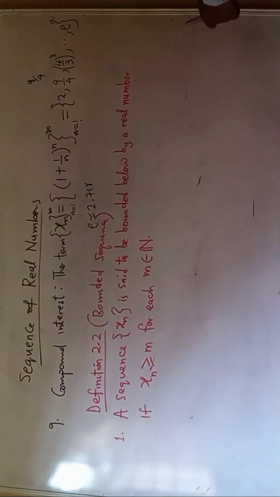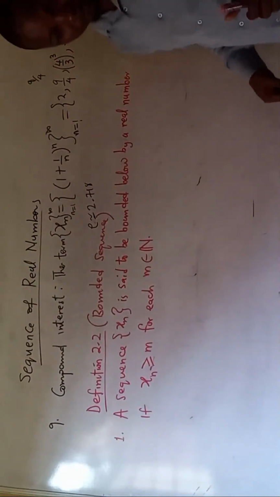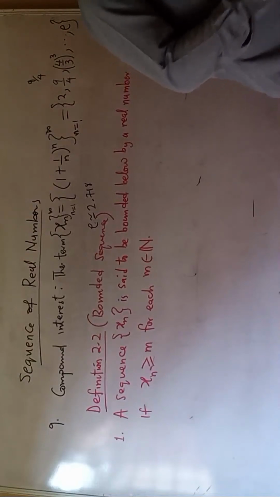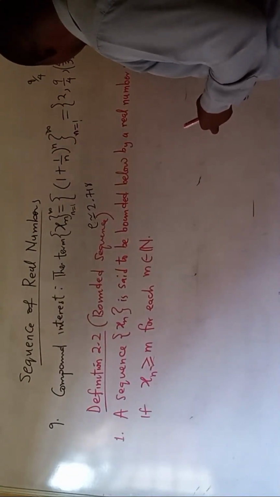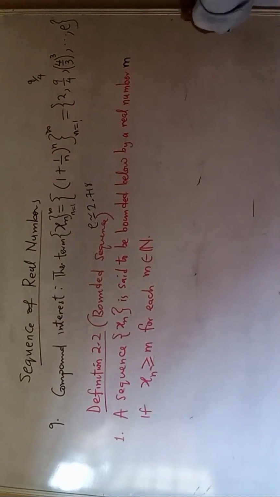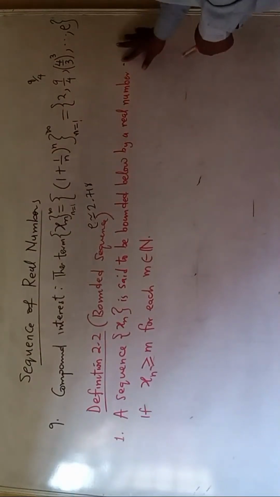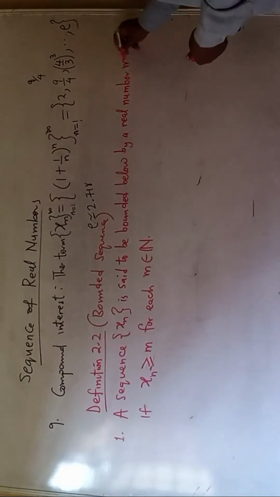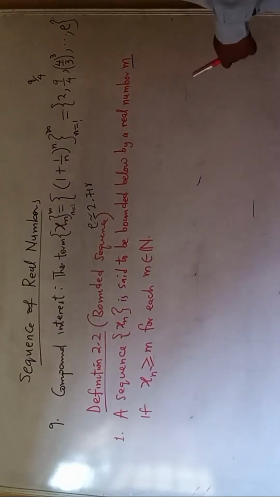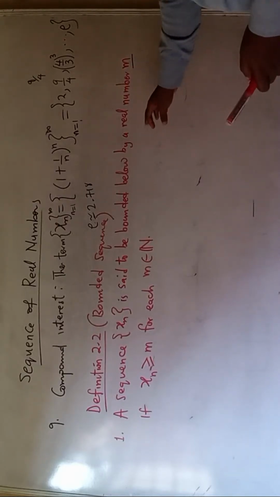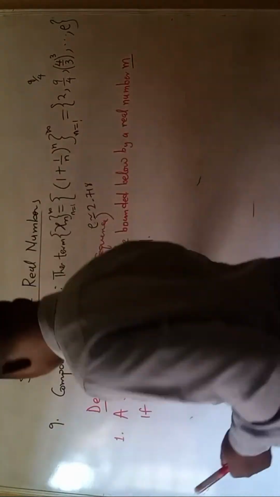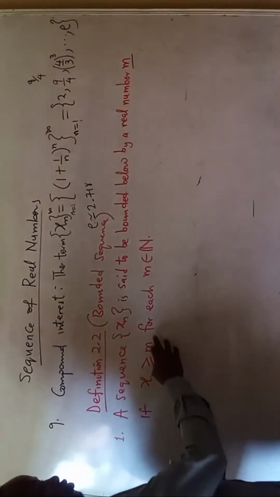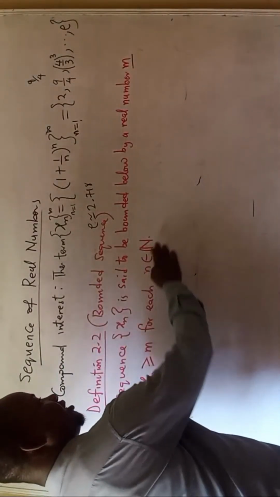Let me write this. So the sequence is bounded below by a real number n if xn is greater than or equal to n for each n in N. Right.